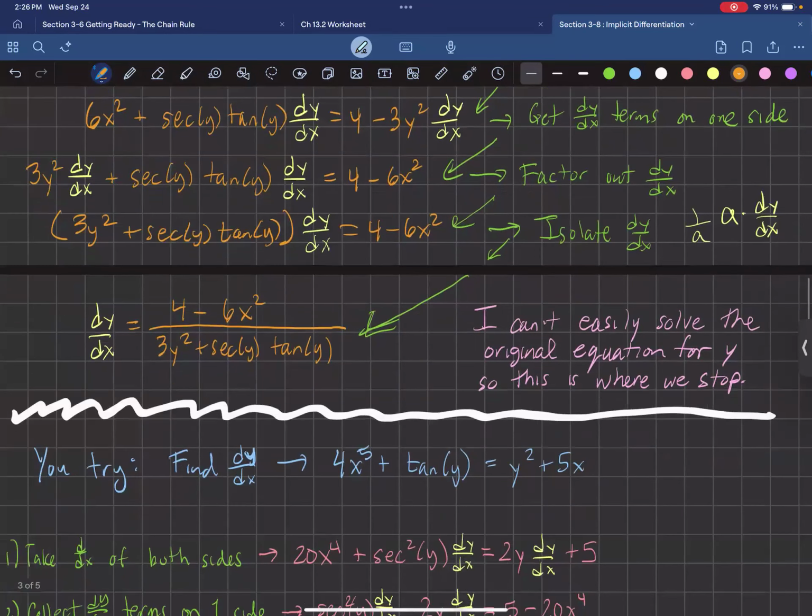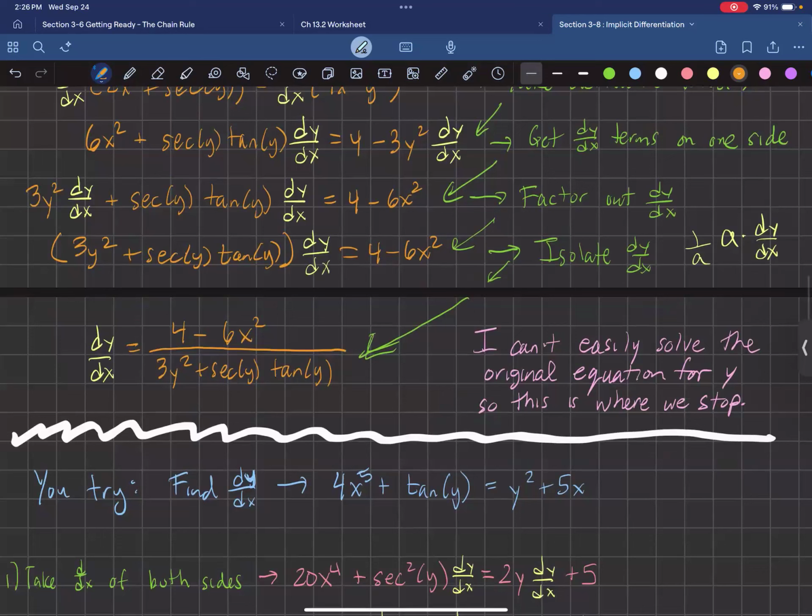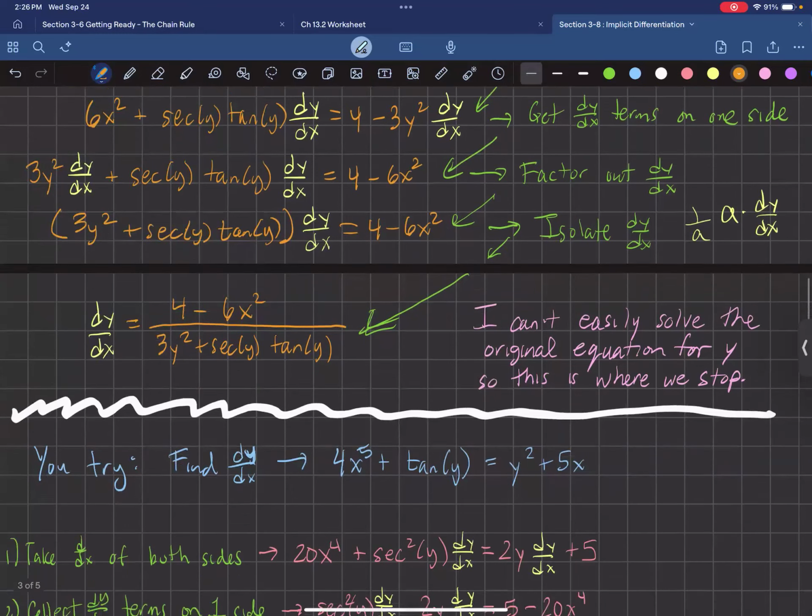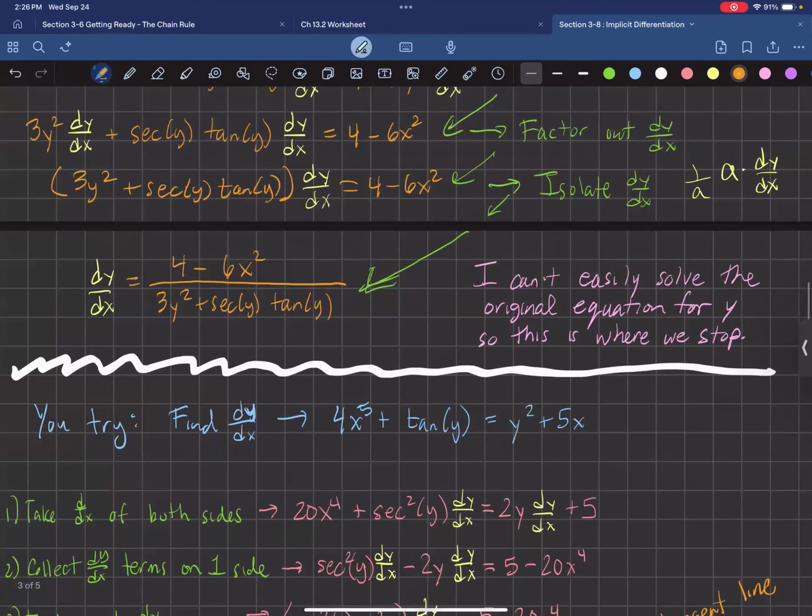We're going to take the derivative of both sides with respect to x. We get 20x to the 4th plus secant squared y dy dx equals 2y times dy dx plus 5. We will gather all the dy dx terms on one side. I moved them to the left, which meant subtracting 20x to the 4th power over to the right.